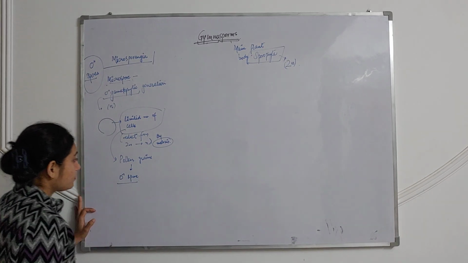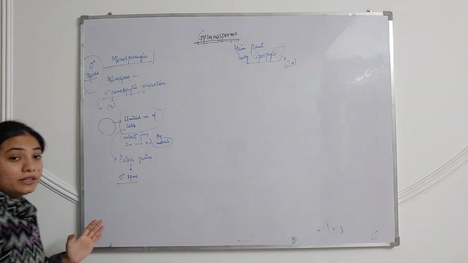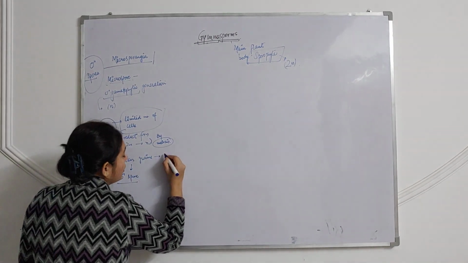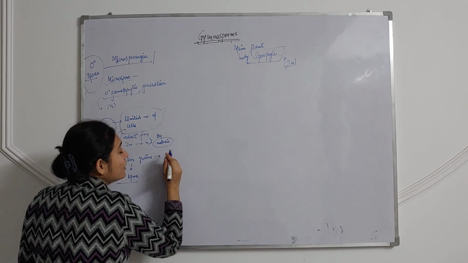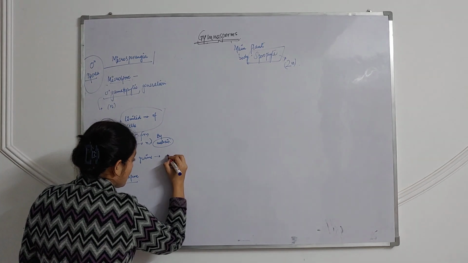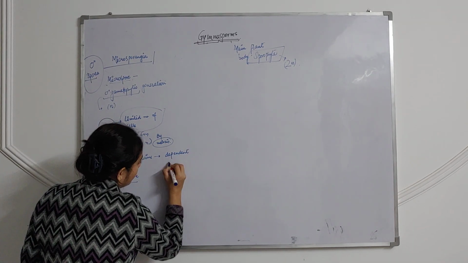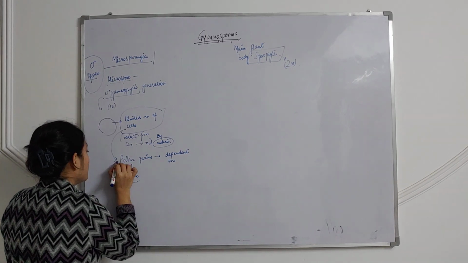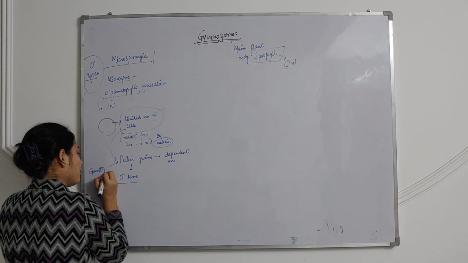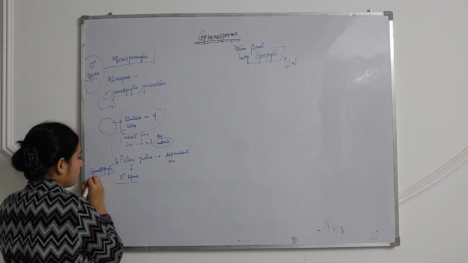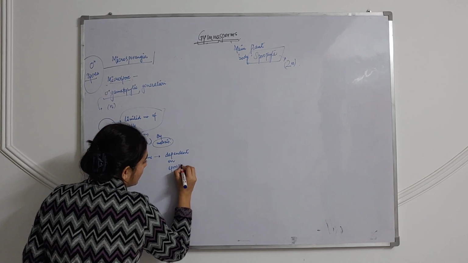Which help them in reproduction or producing further generations. Male spore. And these pollen grains are not free living, they are always dependent on the main plant body or sporophyte. This is the gametophyte, dependent on the sporophyte.